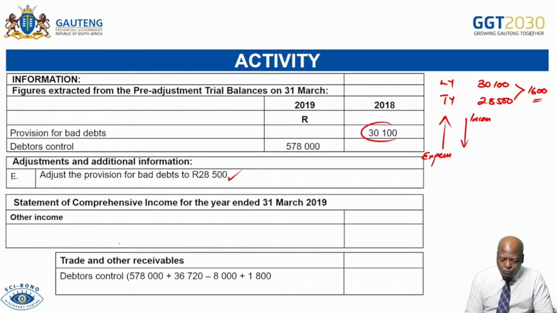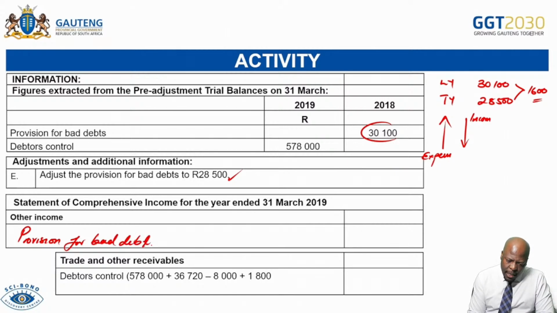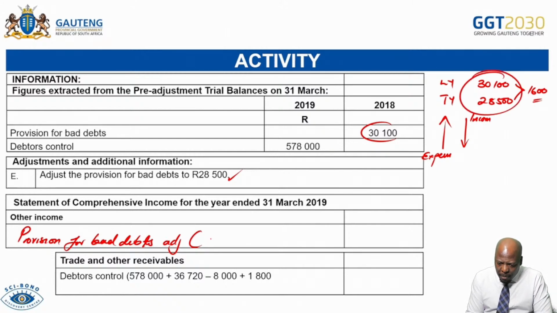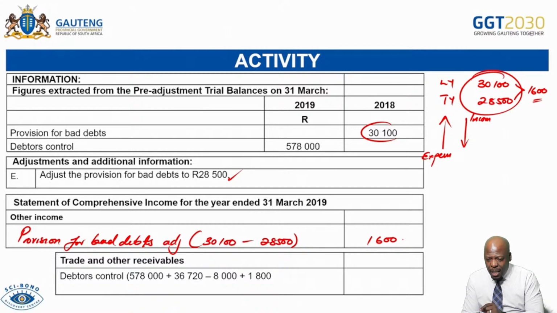So when I come here in the statement of comprehensive income, I'm now going to say provision for bad debts adjustment, open bracket. I'm simply going to check this calculation. All right, so it is my 30.1 minus my 28.5, and then I see that I have a 1.6. So that gives me income because it is a decrease.